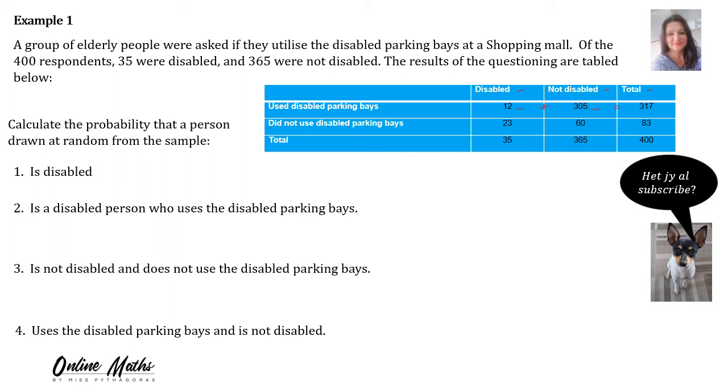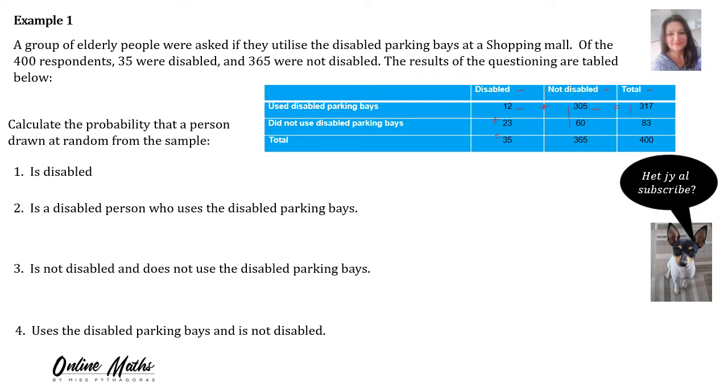You also add down: if you add 12 and 23 you get 35. So 305 plus 60 is 365, and then 317 plus 83 is 400, and 35 plus 365 is 400. Can you see your table is balanced?